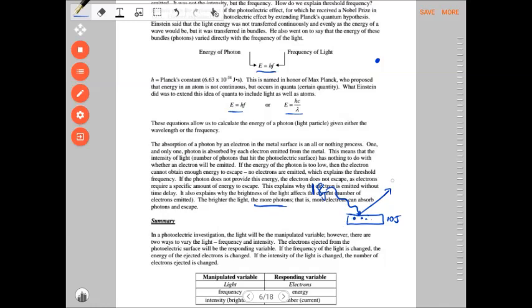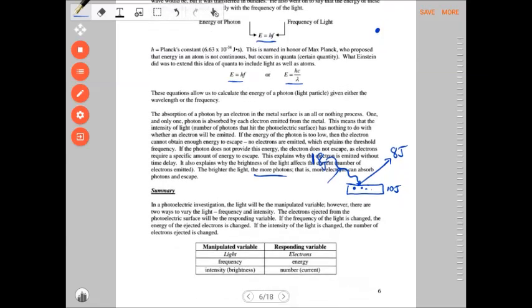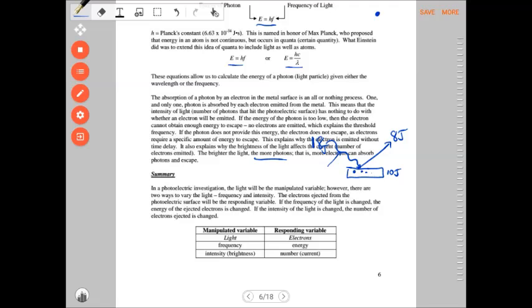We started off with 18 joules, it takes 10 to get free, so now the electron gets free of the metal and has 8 joules of energy left over. That's the idea. That's what's happening. So we have to figure out the energy of the photon, subtract the energy that the metal is holding on with, to get the resulting energy of the electron. We're going to play with that concept in more detail in a little bit.